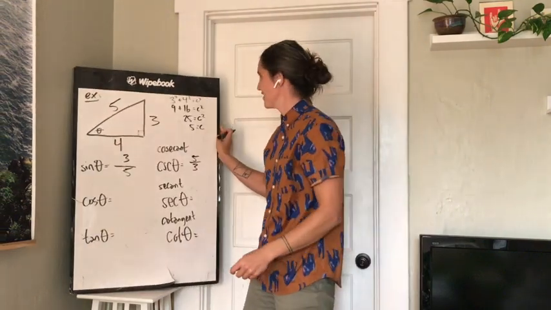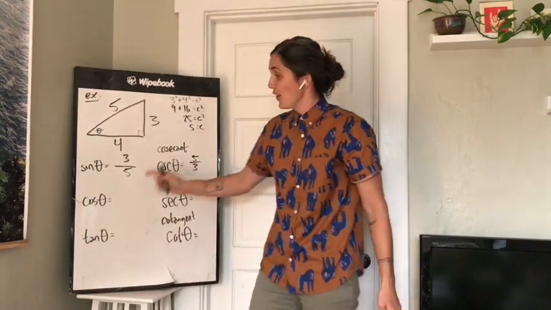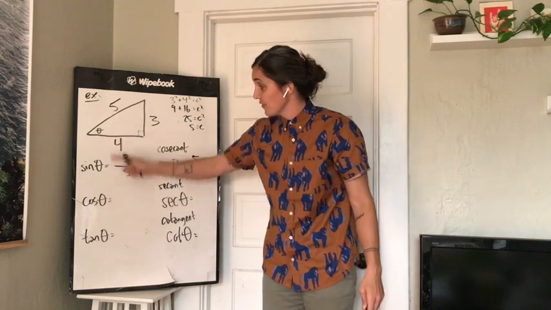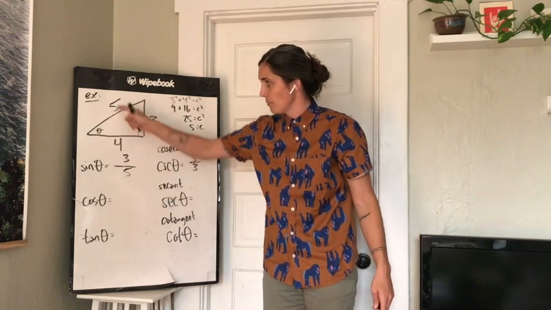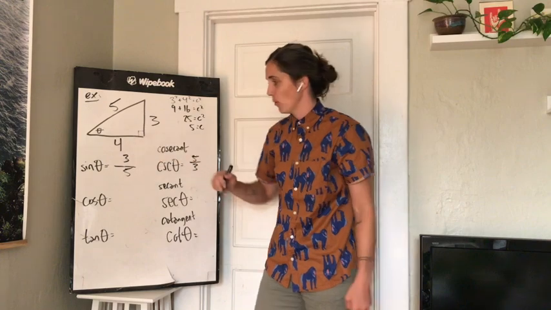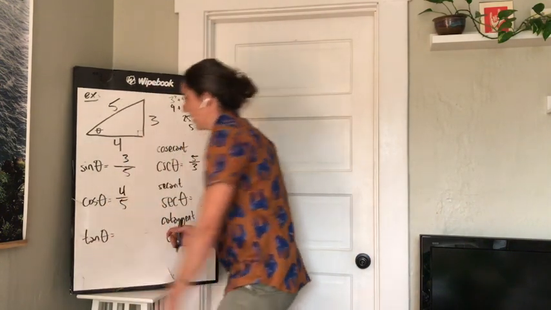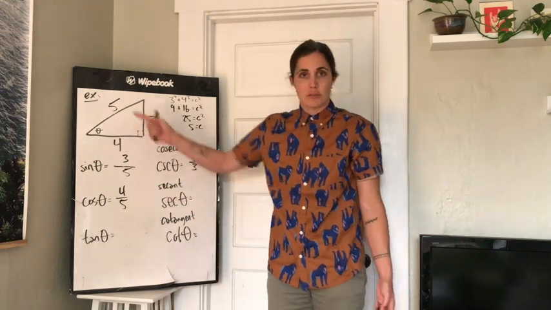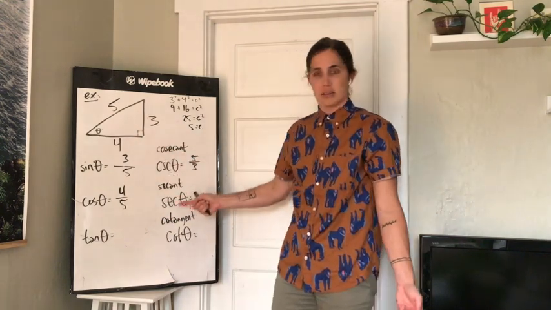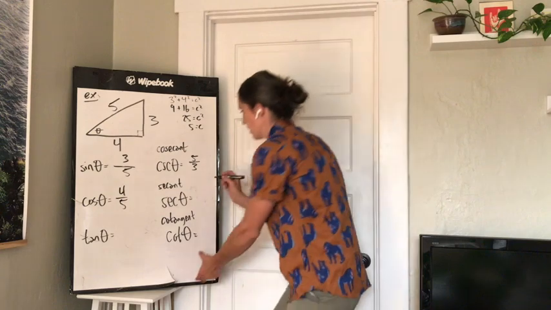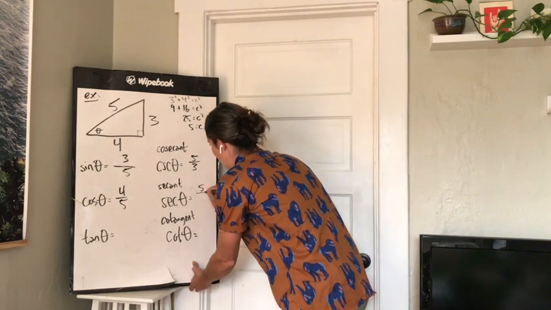Oh, fun surprise. Moving along anyway, if cosine is adjacent over hypotenuse, the adjacent side here is 4, so cosine would be 4 over 5. And again, if I know cosine is 4 over 5, then I know secant, because it's the reciprocal of cosine. Secant would be 5 over 4.